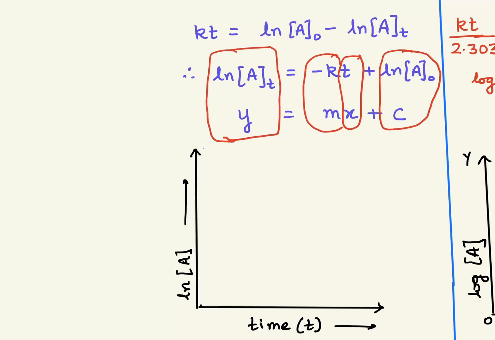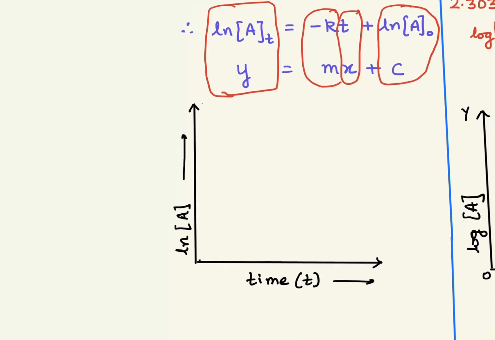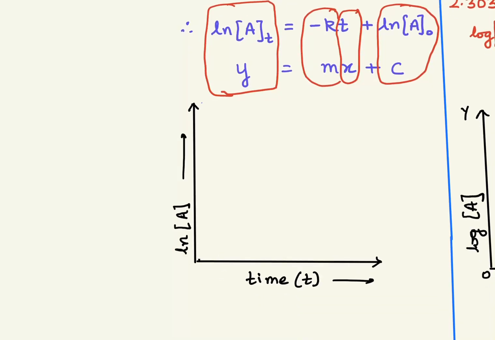Notice what we've put on the y-axis. We've put natural log of a. What have we taken on the x-axis? We've taken time t. Go ahead. So we have over here, my graph would be something like this with a negative slope. Got it?